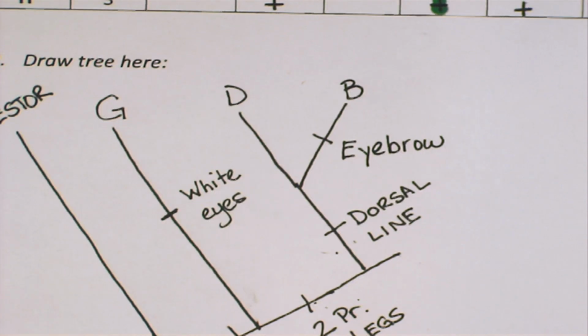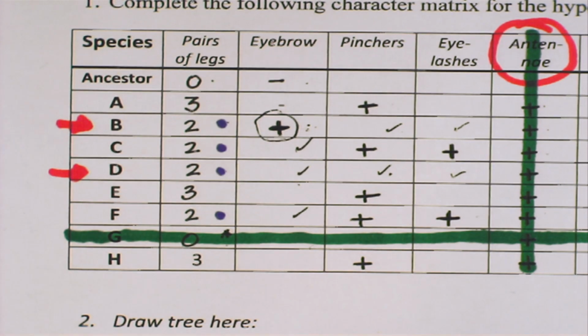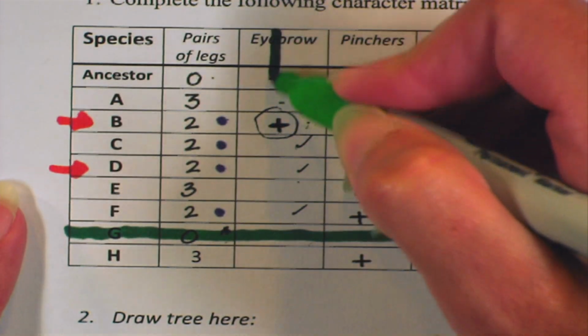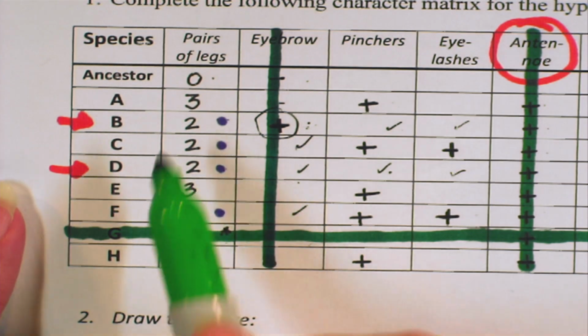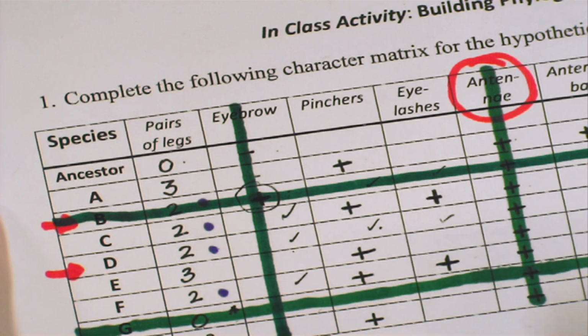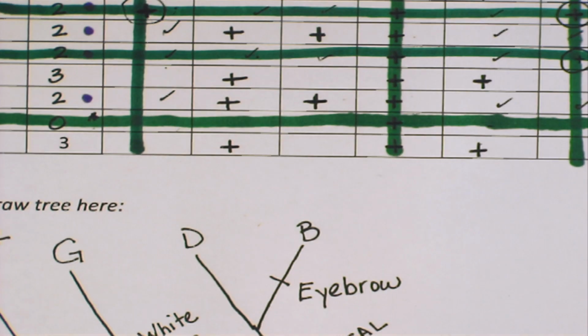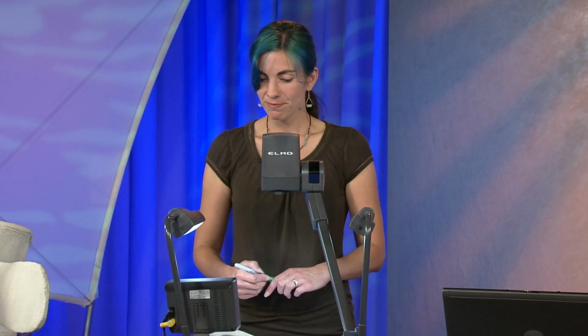Okay, that allows us to come back up and do some more bookkeeping. The eyebrow is gone because we have already dealt with it, and D and B are gone as well. All right, so this is what we have left.